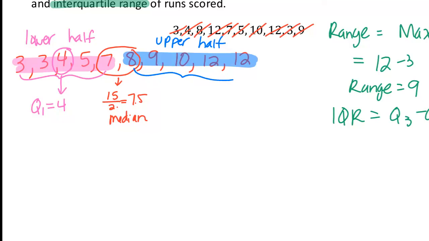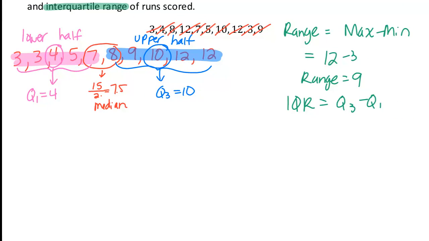For Q3, I have 5 numbers again, so right in the middle is 10. So to find the IQR, we're going to do 10 minus 4, and that gives us the IQR. What is it? 6.